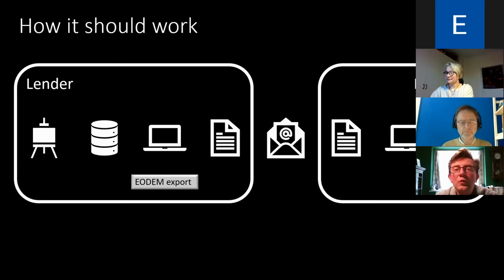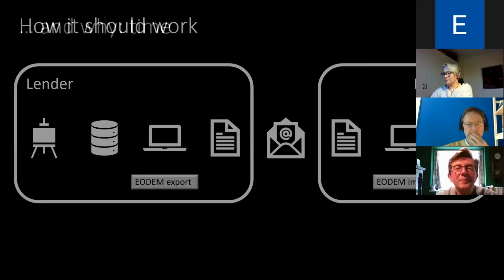They in turn would open their CMS, they would press the EODEM import button, and the data would be stored in their database. And the aim is that it is as simple as that. There may be things to complicate it along the way, but we want to keep it at that basic level of simplicity.